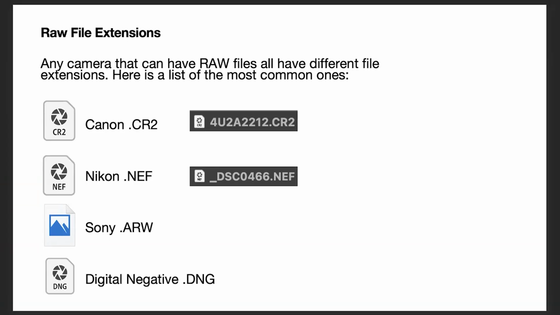Sony is becoming a lot more popular, so it's .arw. And then we have the last one, which is a digital negative, .dng. Digital negatives, we can create those when we work within Adobe programs. We're not dealing with those within the cameras ourselves.